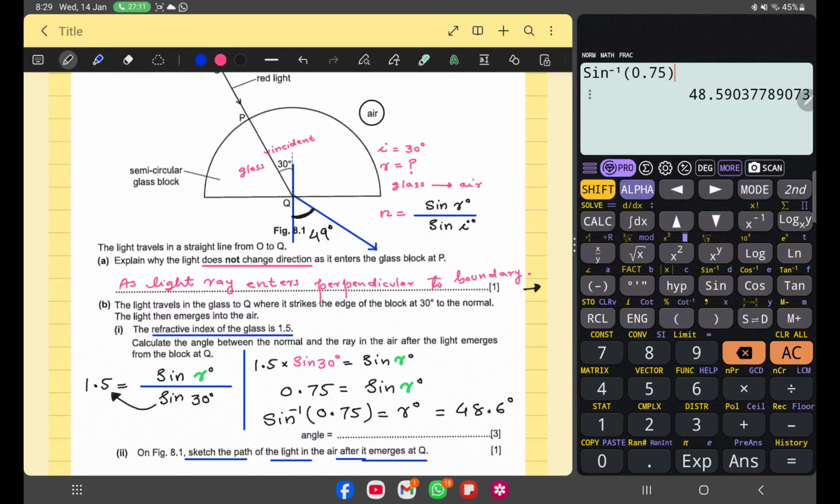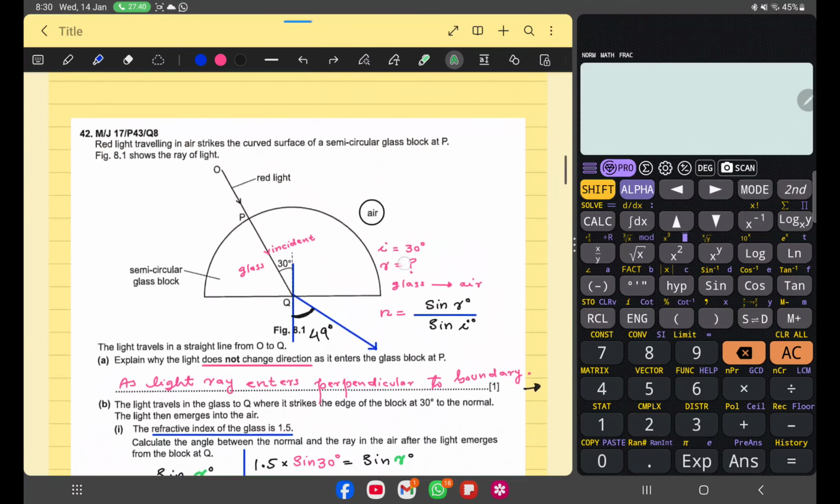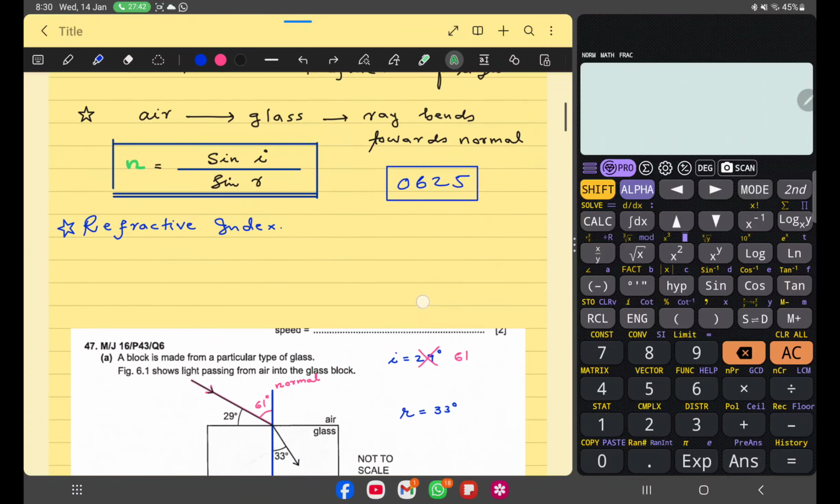In this question, you have learned when the light is traveling from glass into air, the formula is sine angle R divided by sine angle I. As well, you can see in air, the light is bending away from the normal. So you have studied two formulas.